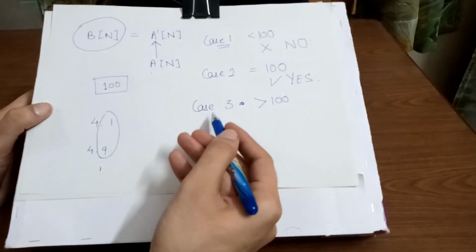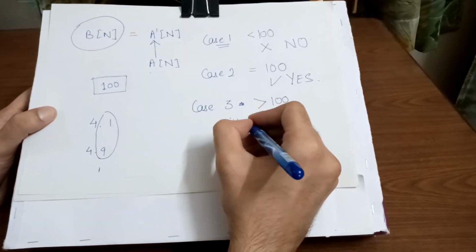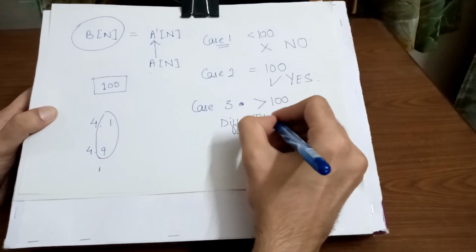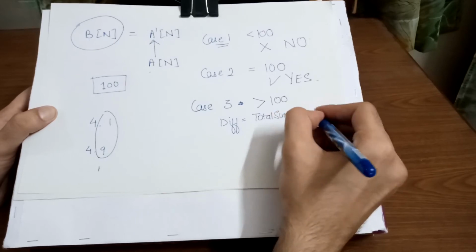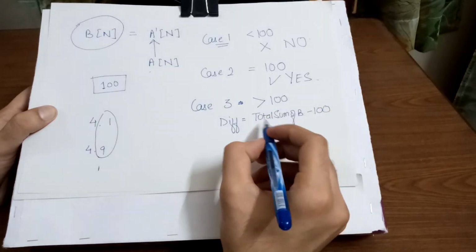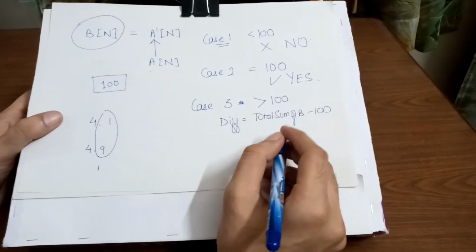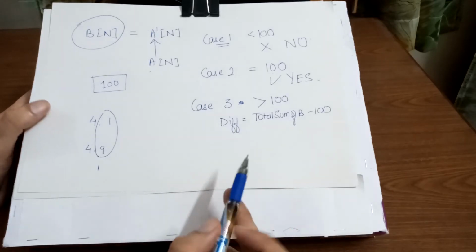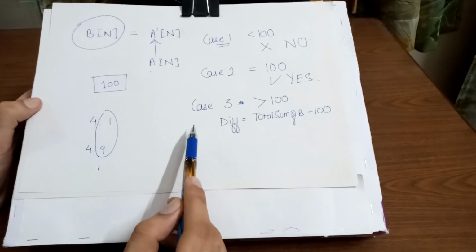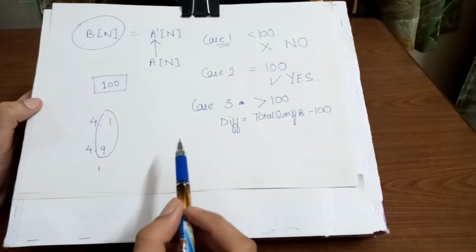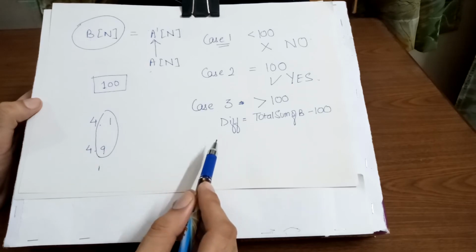So what I'm saying in this case is that we need to find the difference: the total sum of B minus 100 will give us how much the sum actually exceeds 100, and after that we need to divide this difference by the number of elements present in B so that we can get the maximum variation that needs to be produced in each element to get to 100.